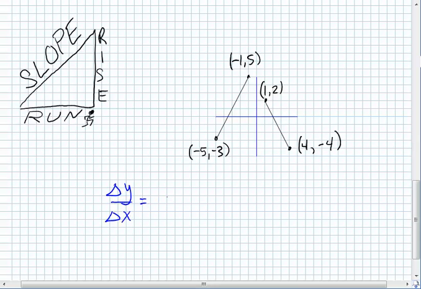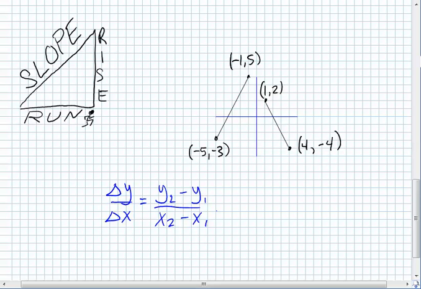Or in other words, you take one y coordinate, I'm just calling it y2, and you subtract y1. So find the difference between the two y coordinates, and then on the bottom you do x2 minus x1. The order actually doesn't matter. I can do y1 minus y2 because it's arbitrary.